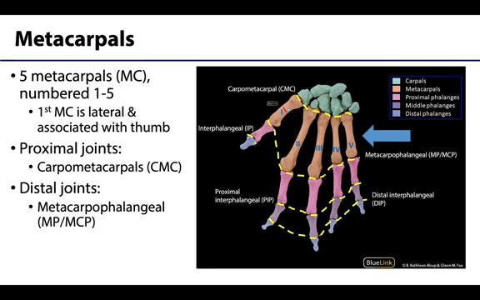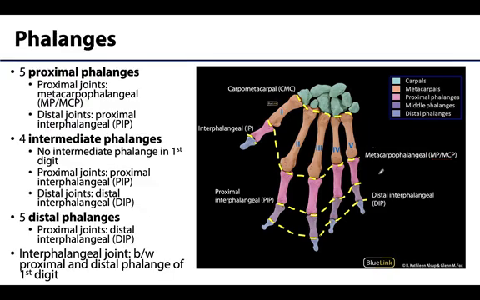And then it moves in order from there with 2, 3, 4, and 5, 5 being associated with the 5th digit or the pinky finger. Distally, the metacarpals will articulate with the proximal phalanges at the metacarpophalangeal joints, which are a really long name, so very often you just see it abbreviated as the MP joints or the MCP joints.